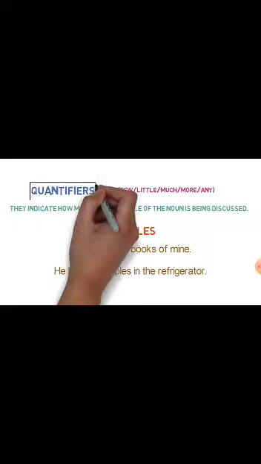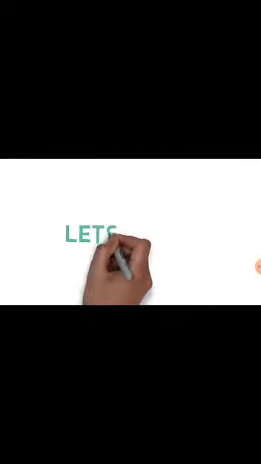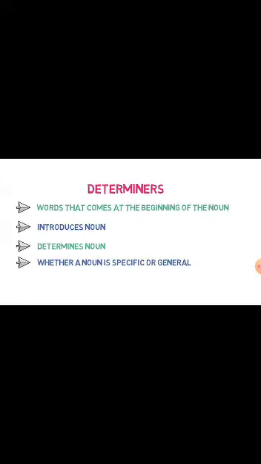So this is all about determiners in this video. Let's quickly revise what we learned in this lesson. Firstly, we understood what determiners exactly are. Determiners are words that come at the beginning of a noun, hence basically introducing a noun, and they determine the noun, that is, whether a noun is specific or general. Then we saw four different types of determiners with examples.